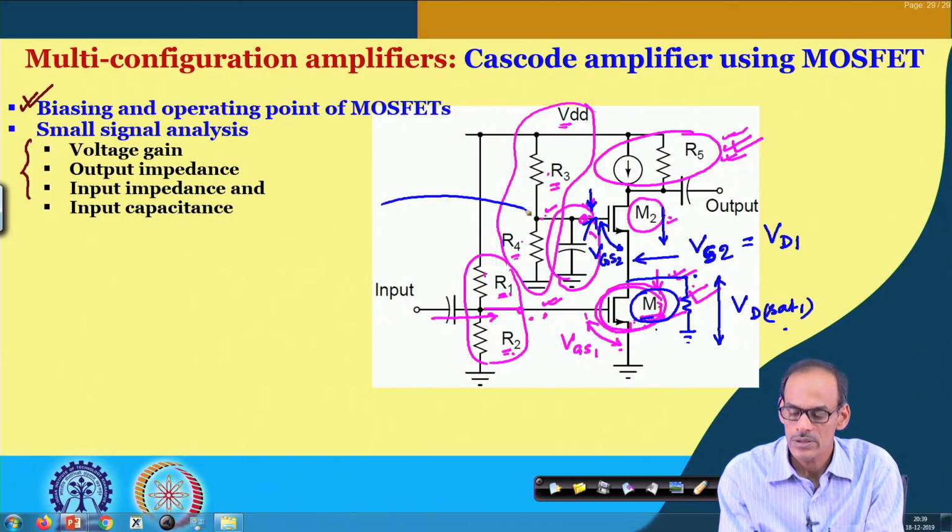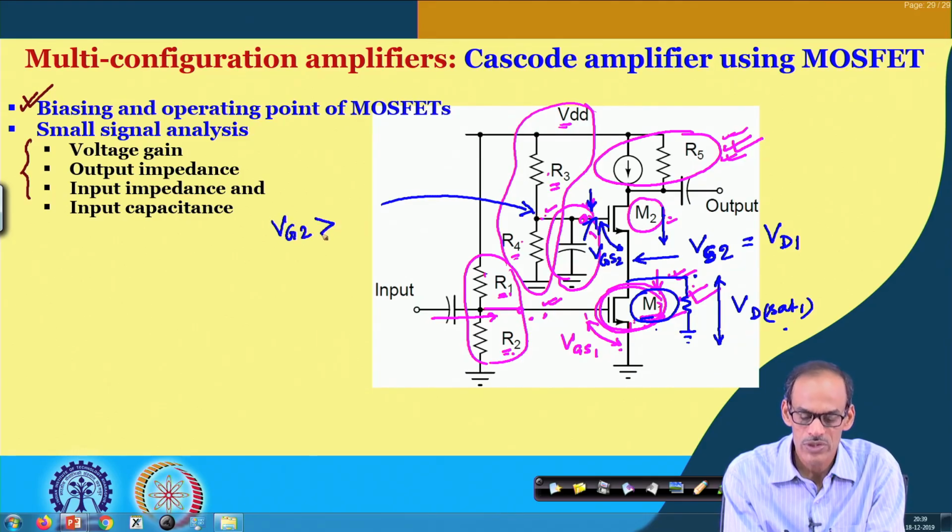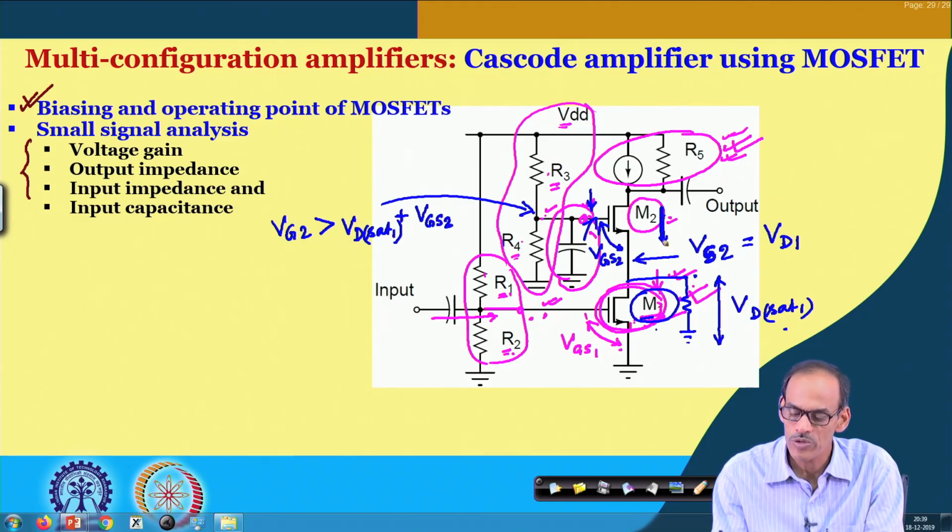In other words, the gate voltage of transistor 2 should be sufficiently high compared to the minimum required VD sat for transistor 1 plus whatever the VGS2 that is necessary to support this current.